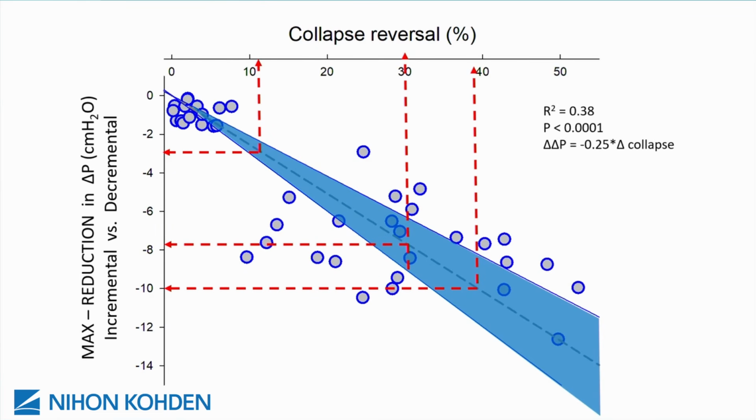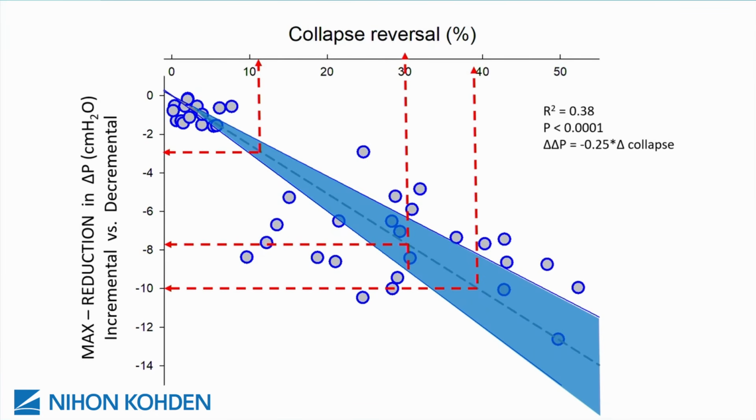So you can recruit 1 kilogram of the lung. And obviously this is proportional to the gain in driving pressure. So you reduce driving pressure if you compare the same step during the incremental phase and the decremental phase.